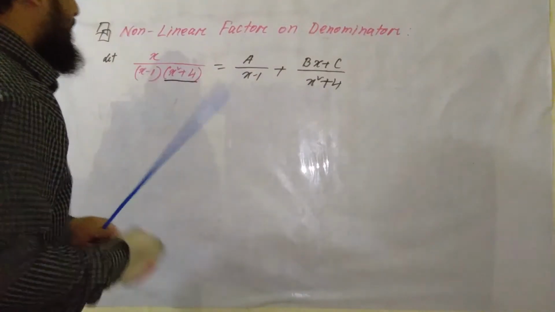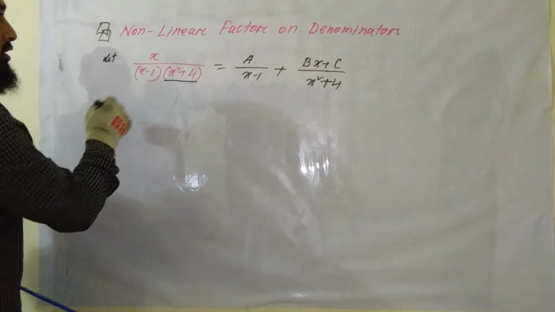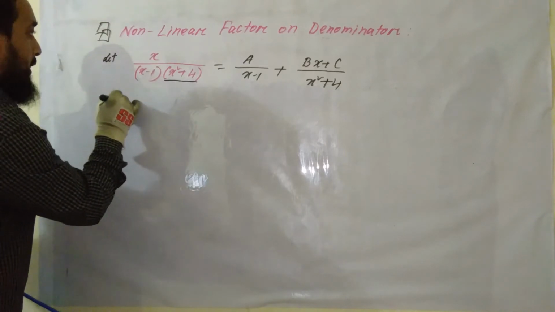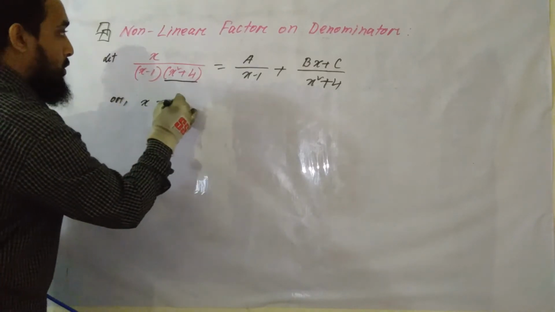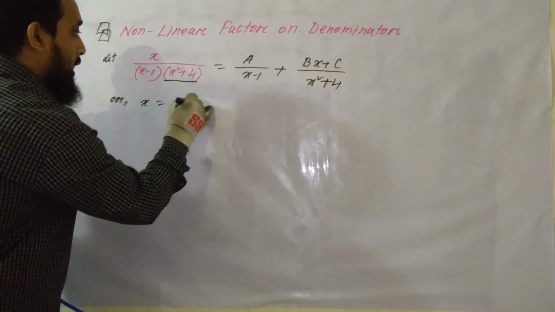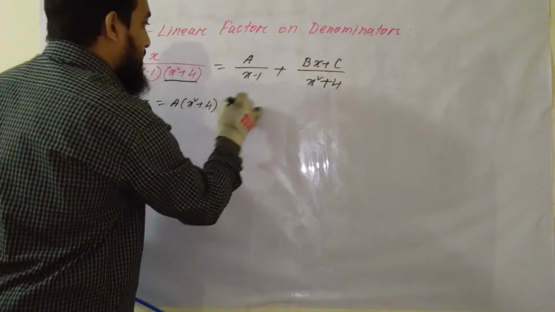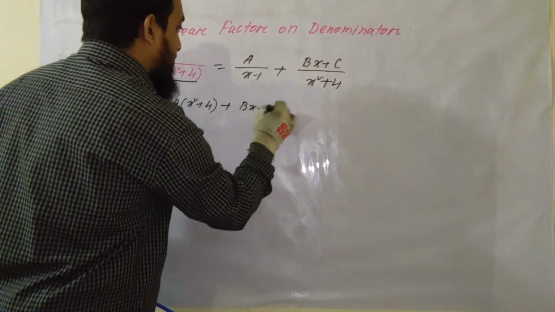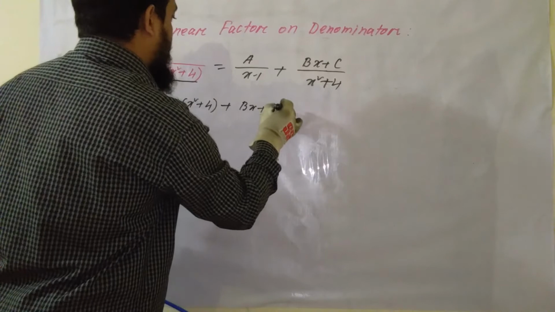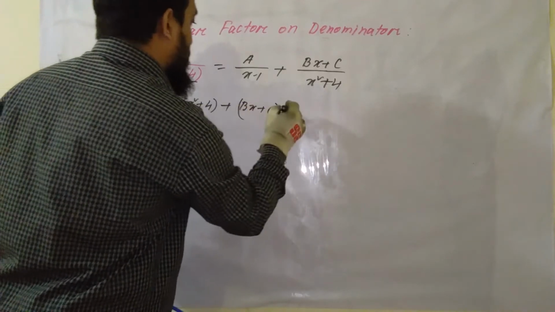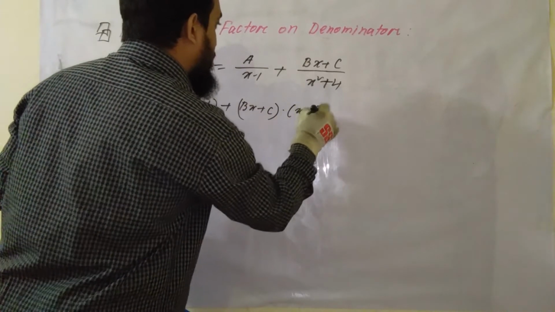So again, by doing cross multiplication, what are you gonna have? x is equal to a into (x square plus 4) plus (bx plus c) into (x minus 1).